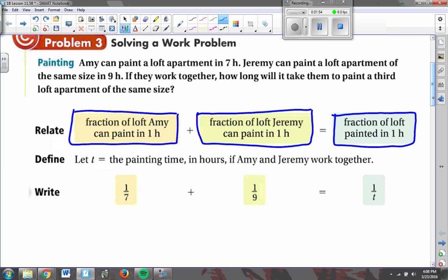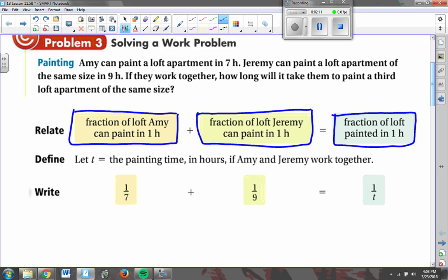So we're going to say that T is the amount of time it takes them to work together. We don't know what it is yet, but we know that in T hours, these two can paint a loft apartment together.